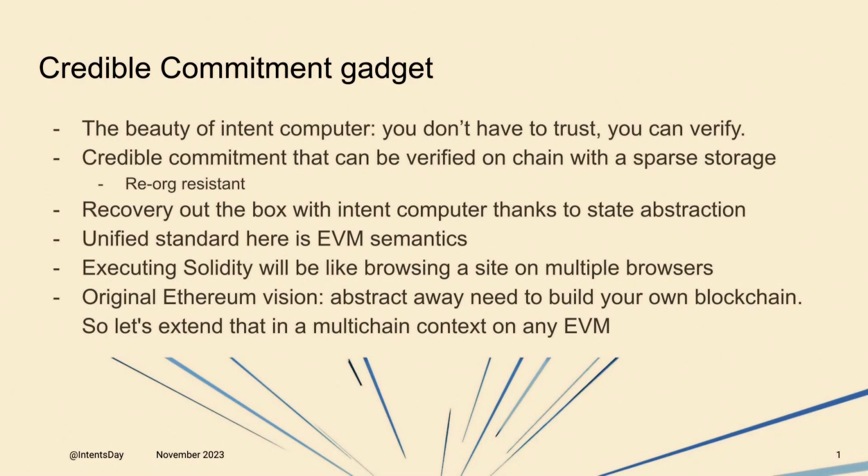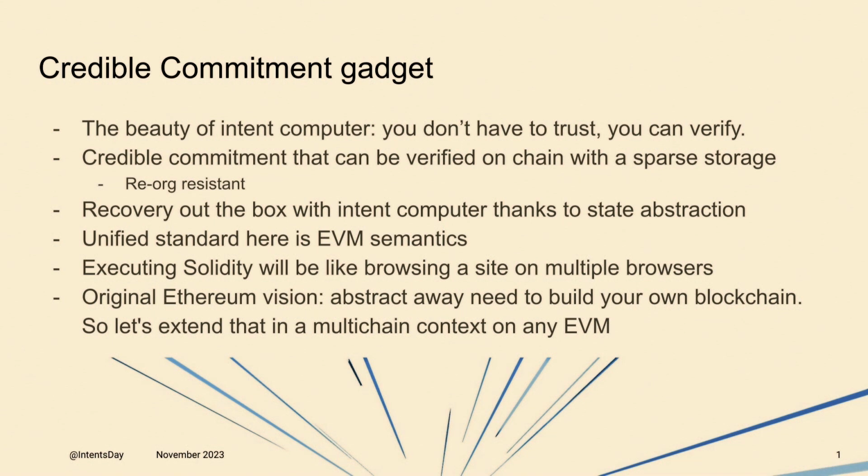So your intent is first, before anybody can use your state and before anybody can do anything with your assets, or more generally any kind of state you can think of. Your intent has to be committed into the chain, and we don't have to worry about excessive storage costs because we're using sparse storage here.